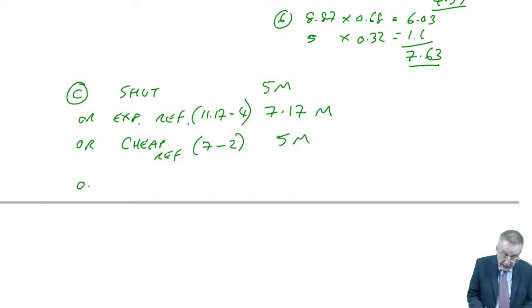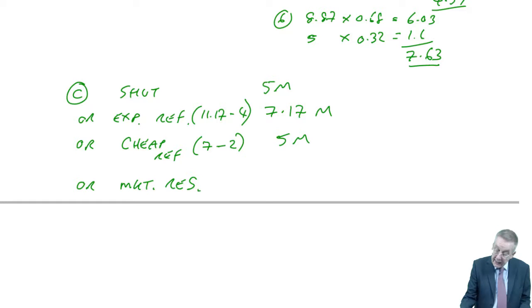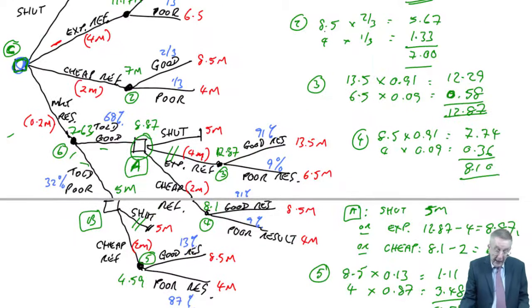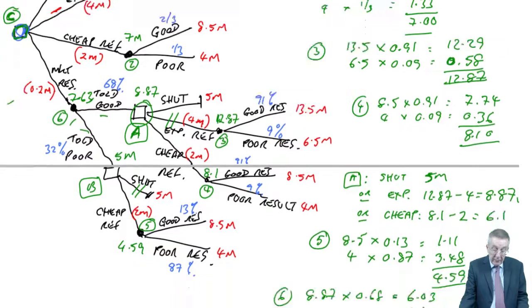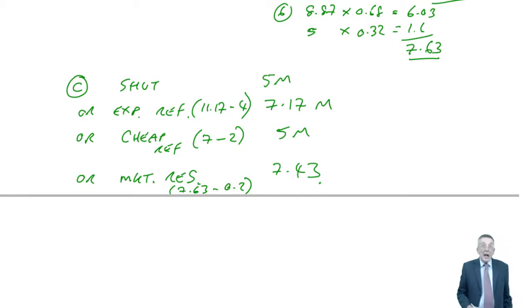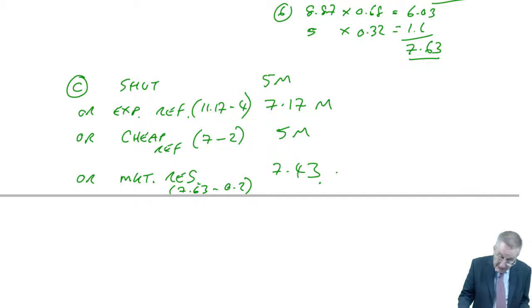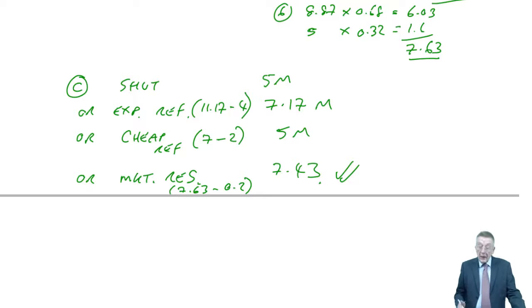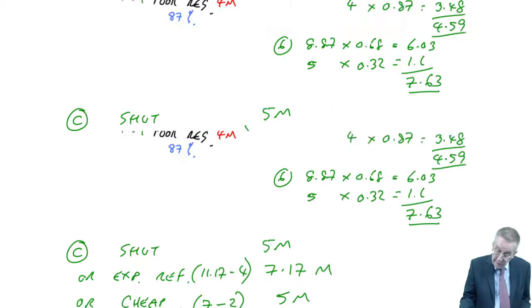Or finally, we do market research: we pay out 0.2 and get back 7.63. It's our choice, and we'll pick whichever is the best of those four. The best is, in fact, to do the market research, 7.43.